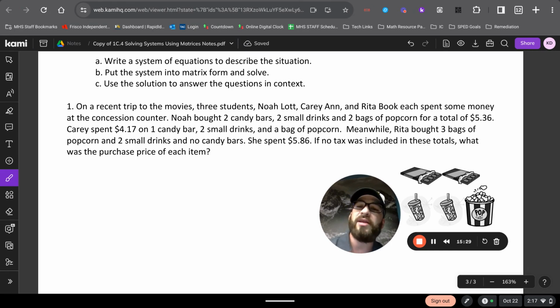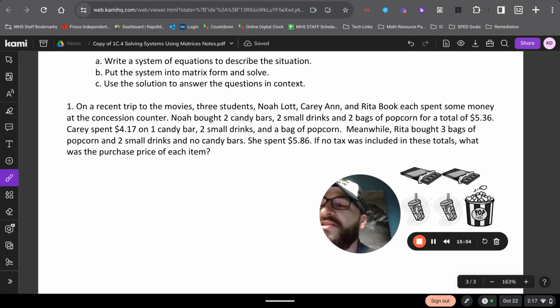Noah bought 2 candy bars, 2 small drinks, and 2 bags of popcorn for a total of $5.36. Carrie spent $4.17 on 1 candy bar, 2 small drinks, and a bag of popcorn. And meanwhile, Rita bought 3 bags of popcorn and 2 small drinks and no candy bars. She spent $5.86. If no tax was included in these totals, what was the purchase price of each item?